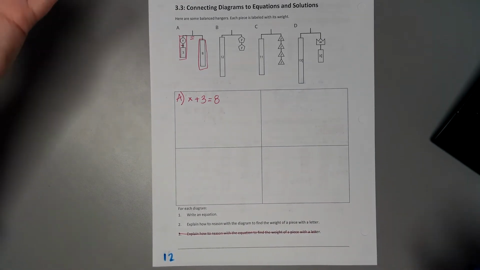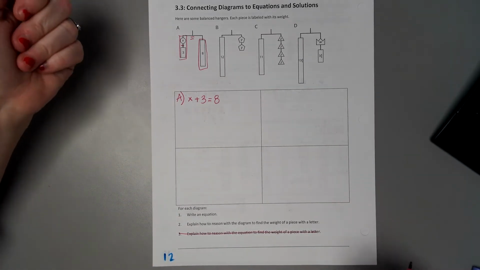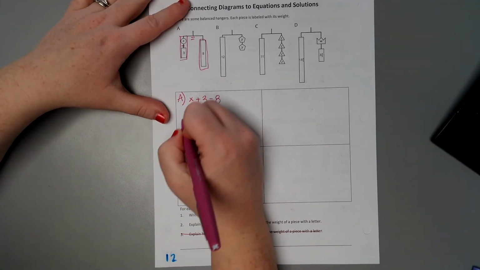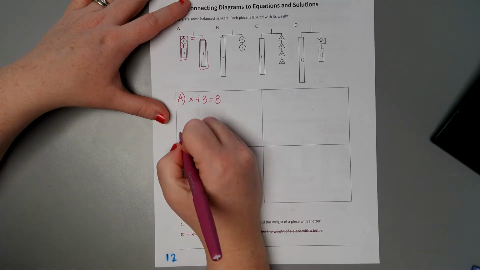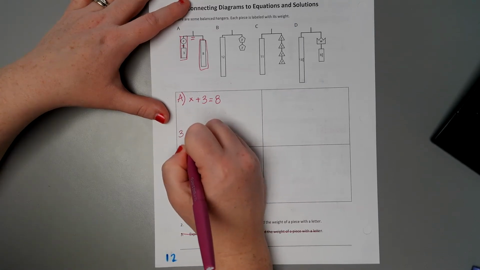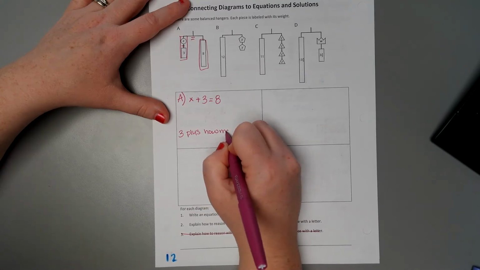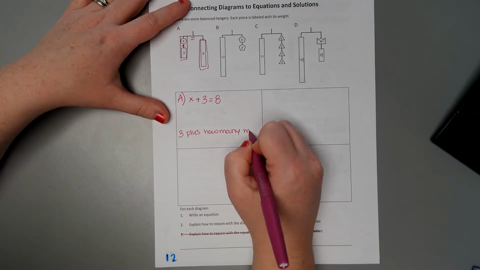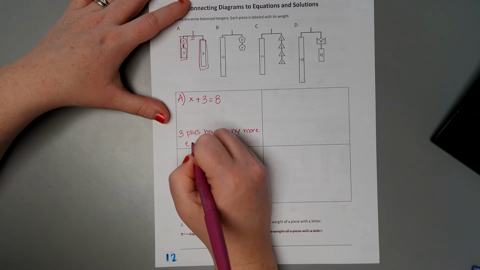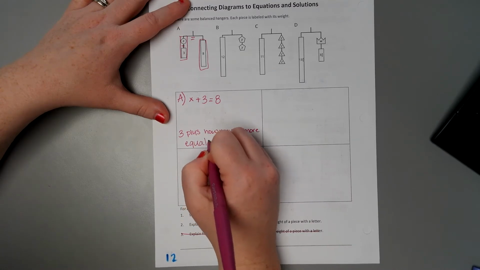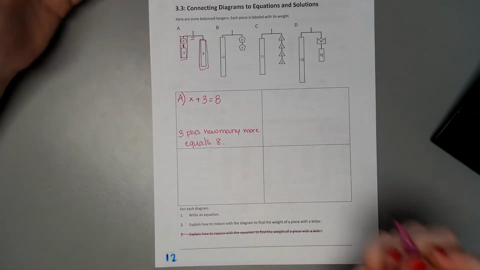So we just need to figure out 3 plus how many more is 8. So down here I'm going to write 3 plus how many more equals 8.